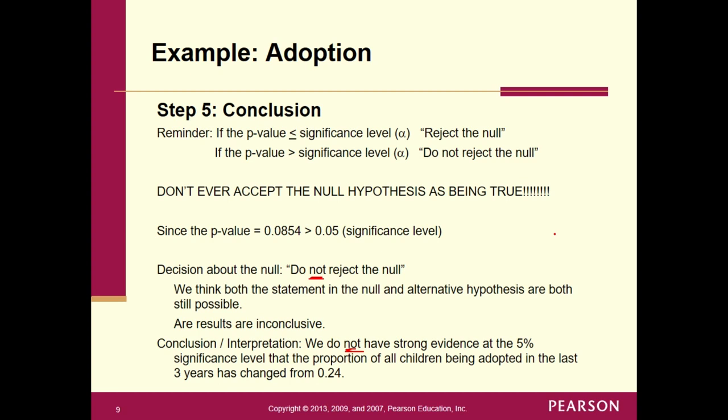I know this can be a little confusing for students, so let me do my best in the next minute to give you an example. Let's say we were testing the population proportion p, and the null hypothesis had p equal to 0.5, and we were testing if it was greater than 0.5. And we get a p-hat that turned out to be 0.501. Is that overwhelming evidence that for the entire population it's definitely going to be greater than 0.5?